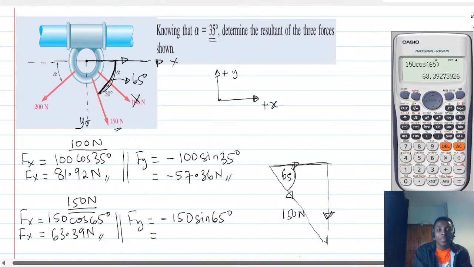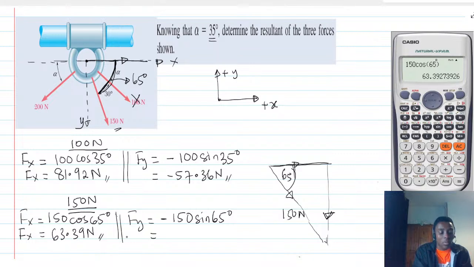Okay, so Fy is going to be what? 150 sine 65. What is it?